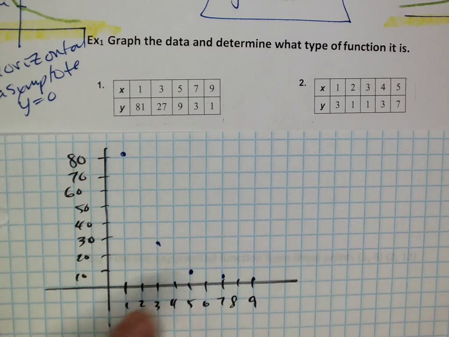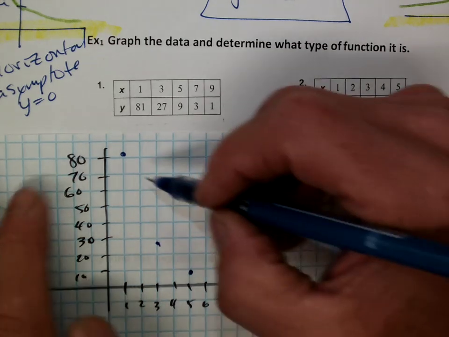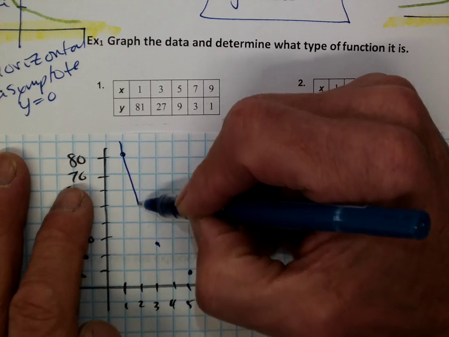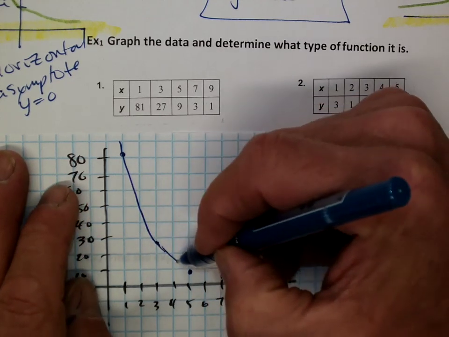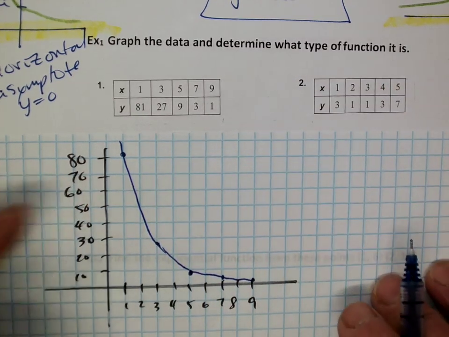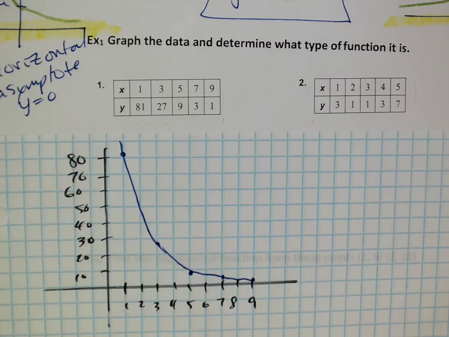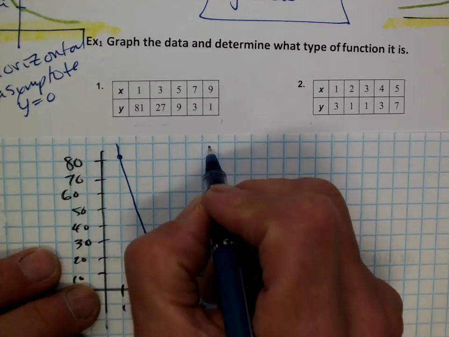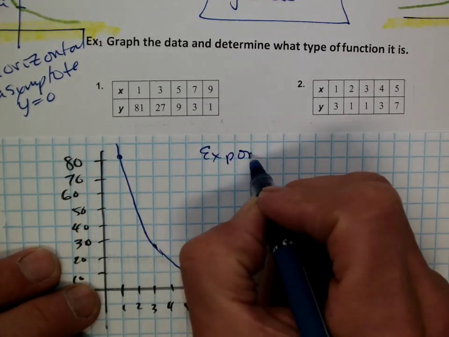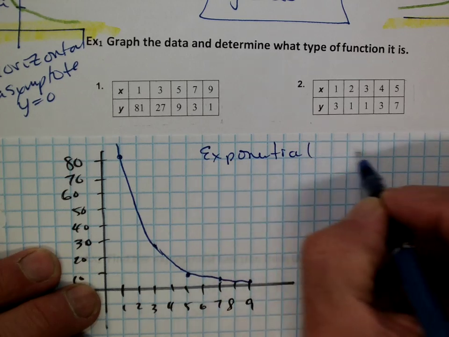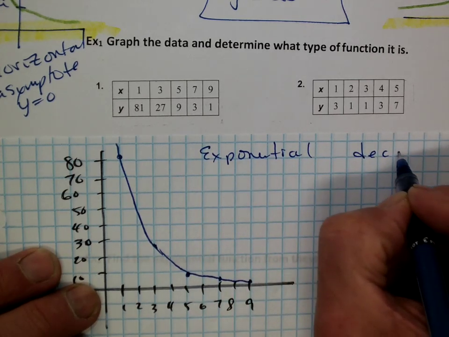So if I look at my scatter plot and connect the dots, what kind of graph do you think that is? I guess it is decay. So we know it's decay. It's exponential.